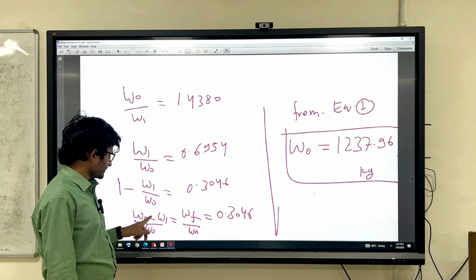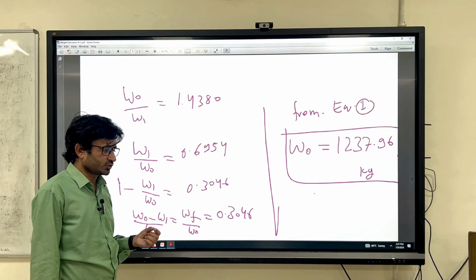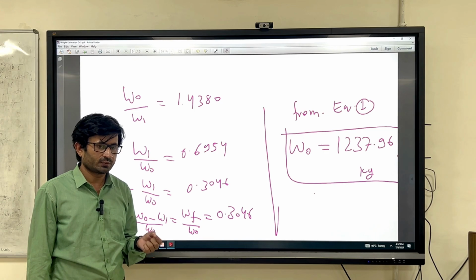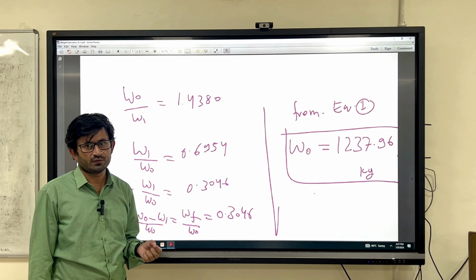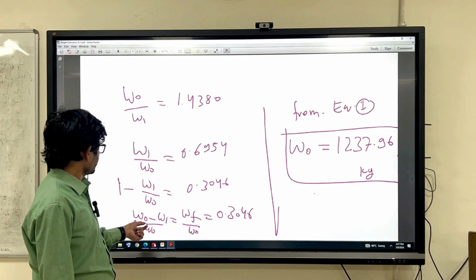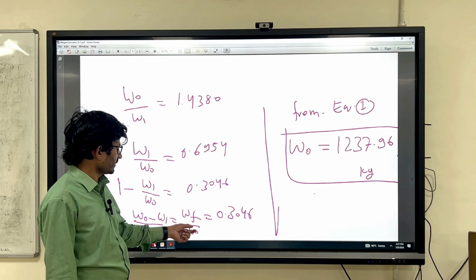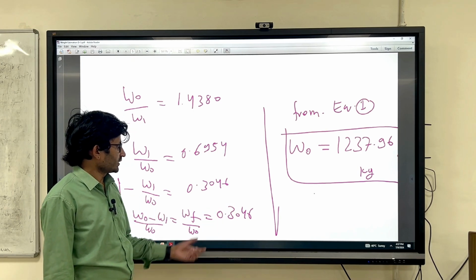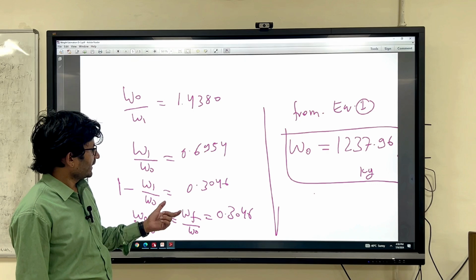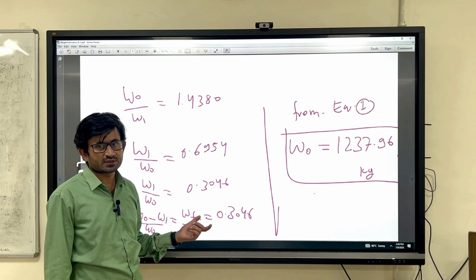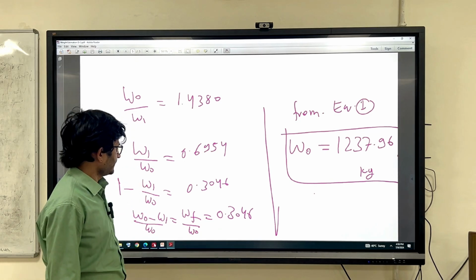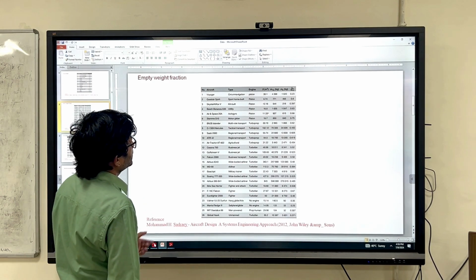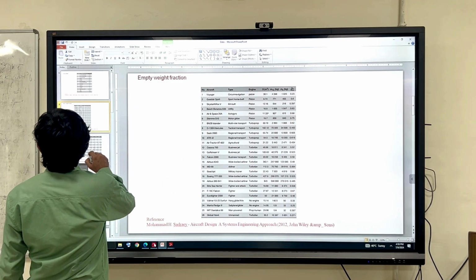W naught minus W1 will be your fuel weight, because your starting weight was W naught and your end weight was W1. If you divide by W naught, you will get WF by W naught, which is 0.3046. So approximately 0.31, that means 31%, and you have some feel for the fuel weight.